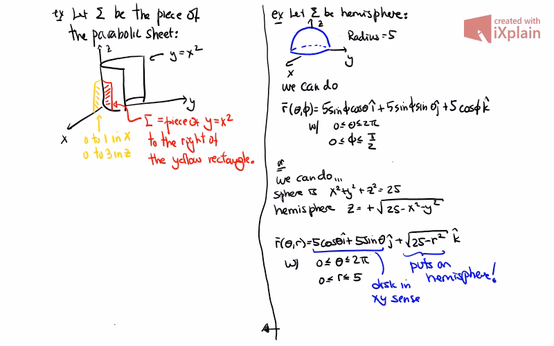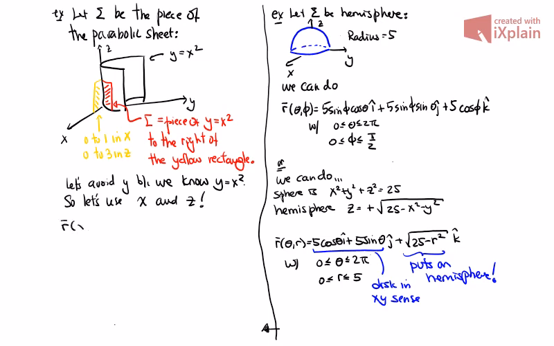So because the restrictions are rectangular in nature, we use rectangular coordinates. Because we know y as a function of x, it's good if we can avoid using y. So let's avoid y because we know y equals x squared. So let's use x and z.